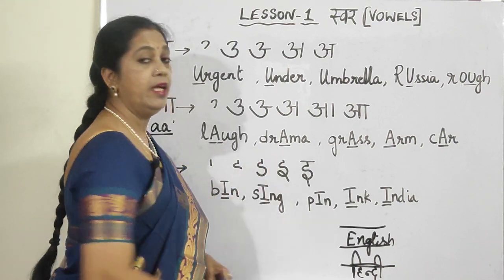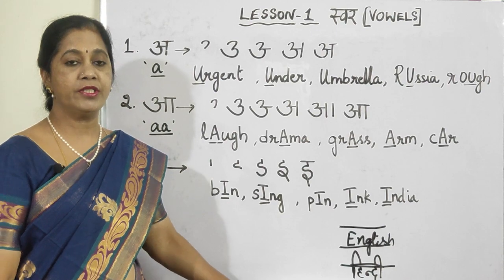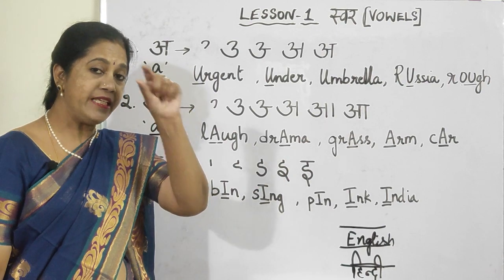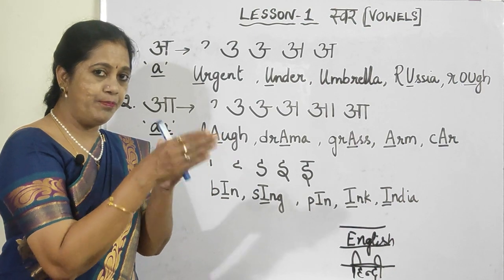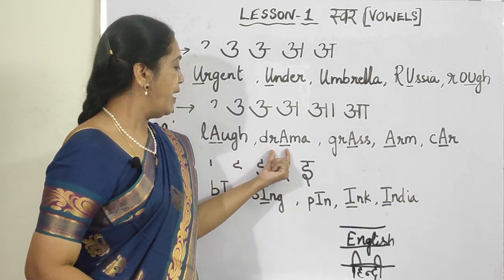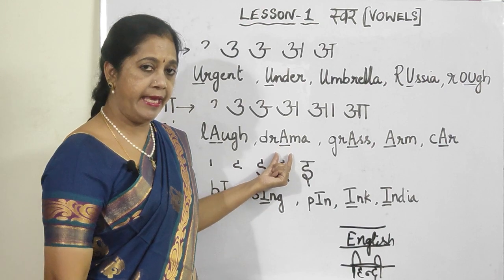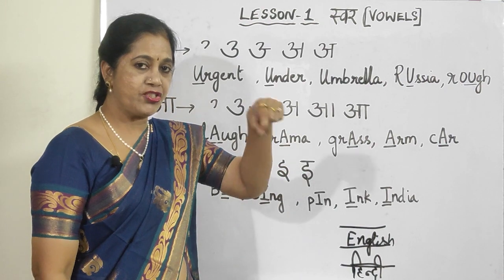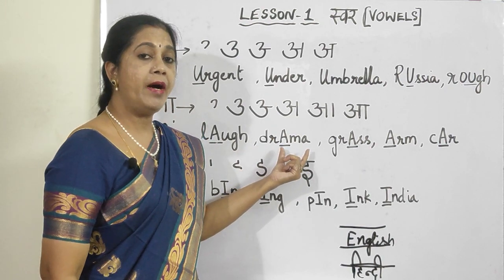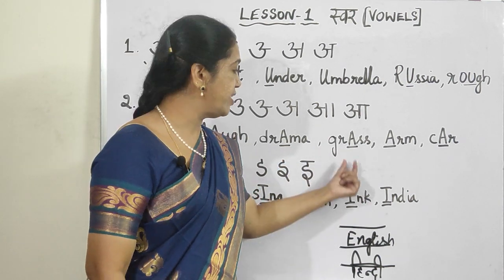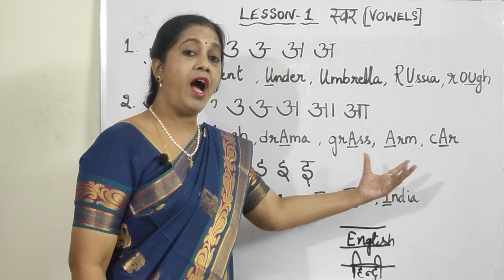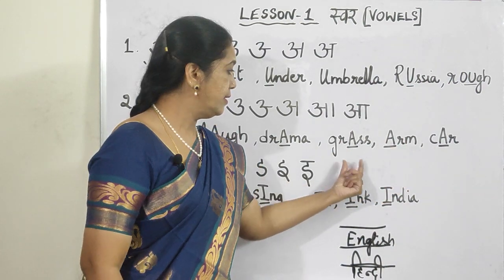Then you see here drama. You have to know which syllable is given stress, where it is highlighted more. Now see here, I have given you a capital A, which means the stress is given there. Drama. Here you see grass. You don't say grass, you say grahss.